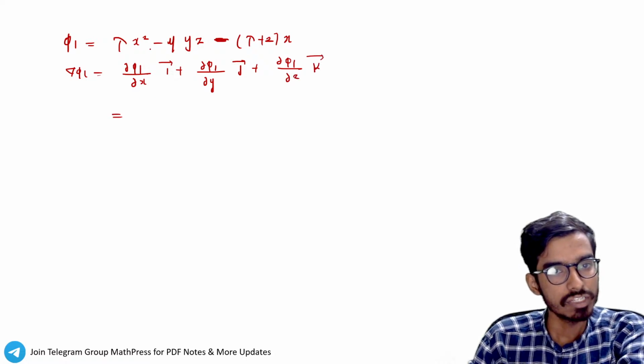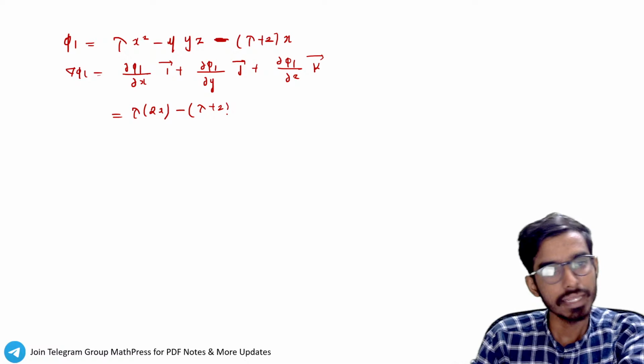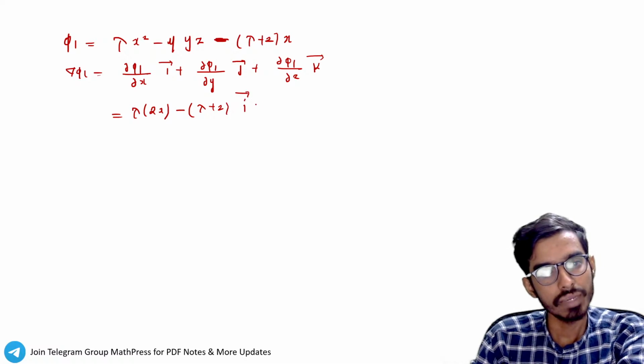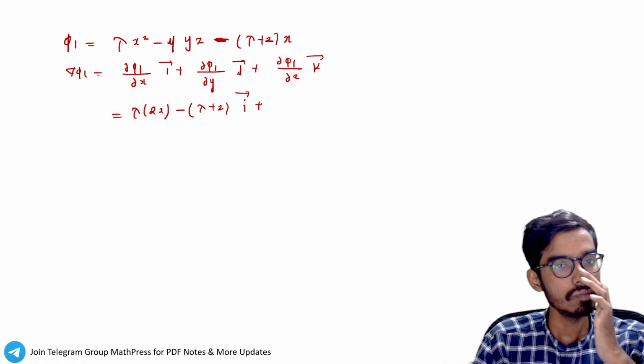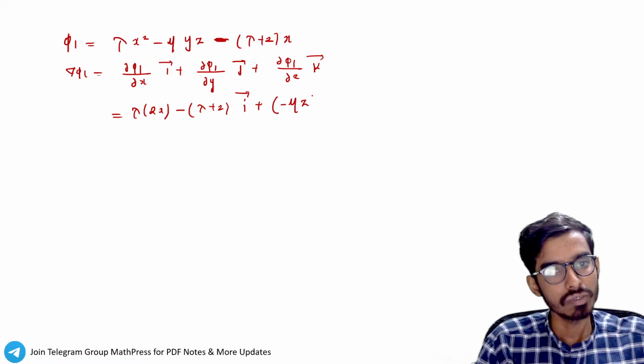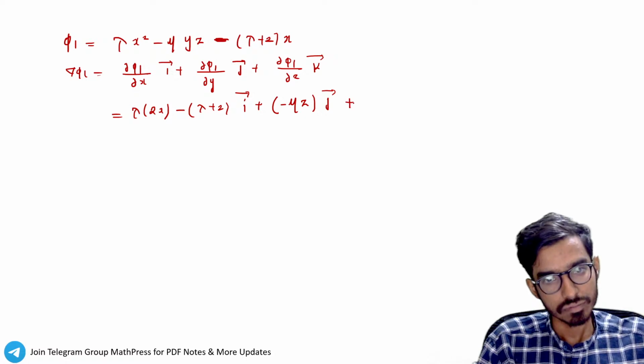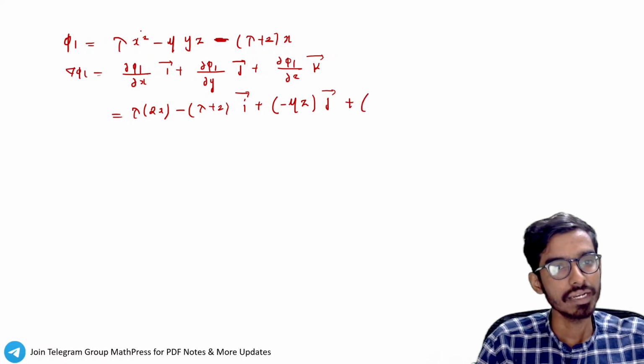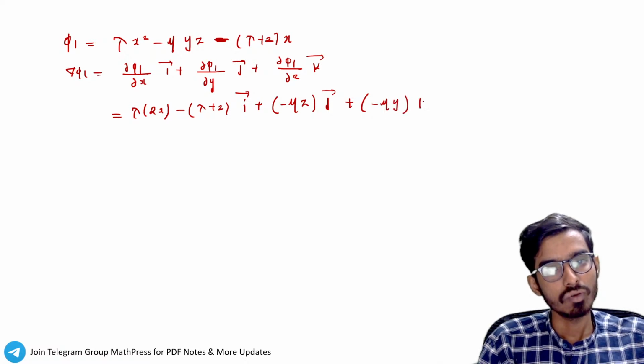Differentiating with respect to x, this will be lambda into 2x minus lambda plus 2 into i vector. With respect to y, this will be minus mu z into j vector, plus with respect to z, this will be minus mu y into k vector.